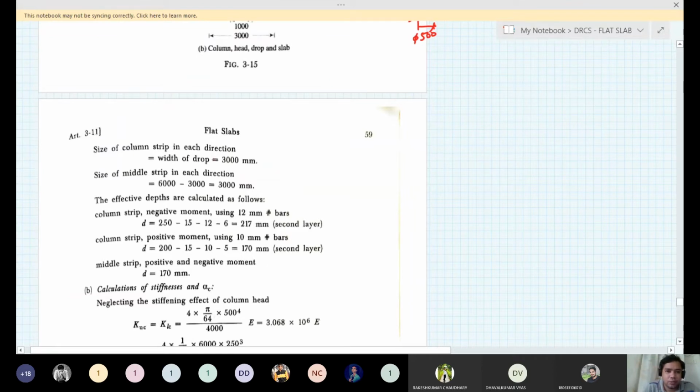Here the drop width is 3000 mm, 3 meter, so your strip width is also 3 meter. The remaining is 6 minus 3, so the middle strip is also 3 meter.